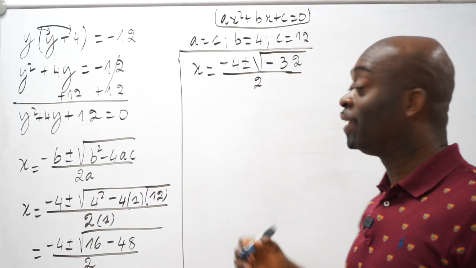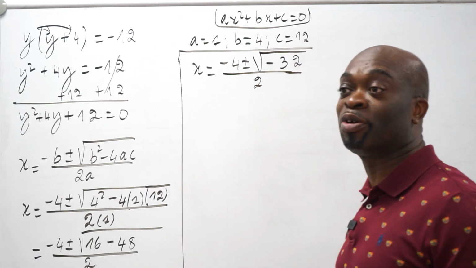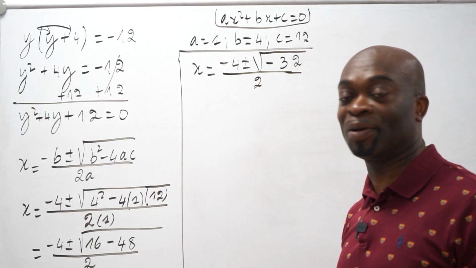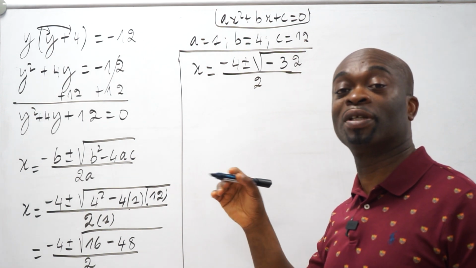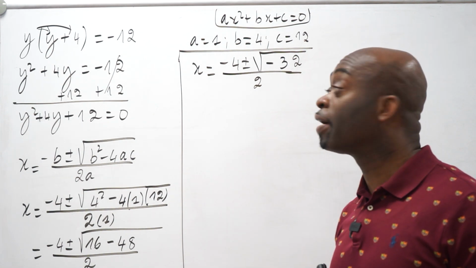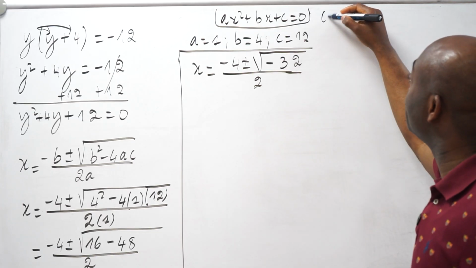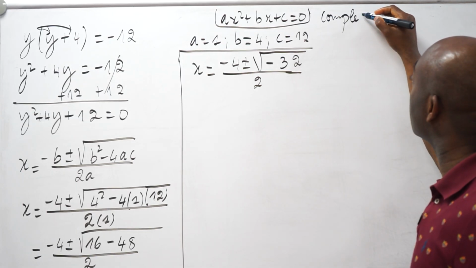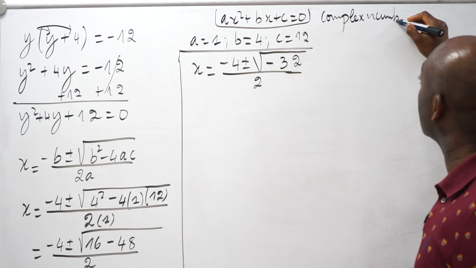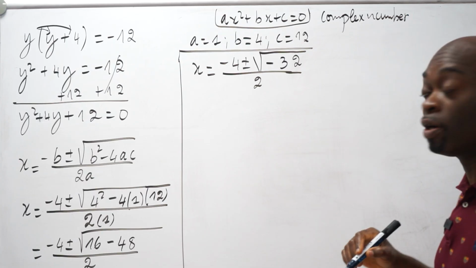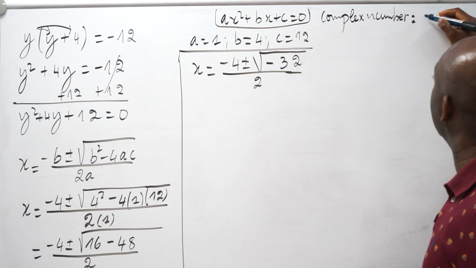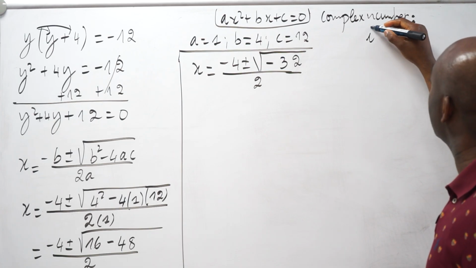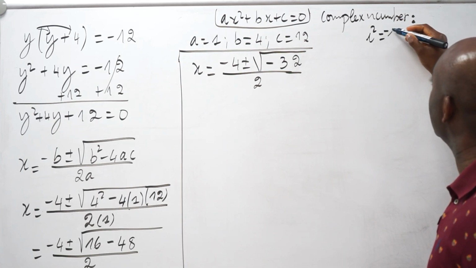Now, how are we going to break down negative 32 underneath here? Because this is a negative number, we're going to introduce what we call the complex number, where i squared is equal to negative 1.